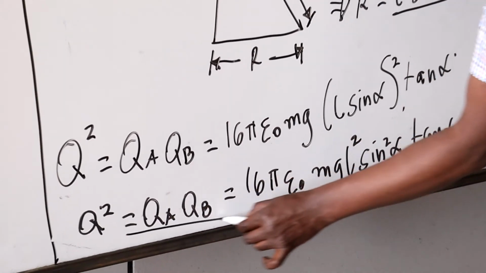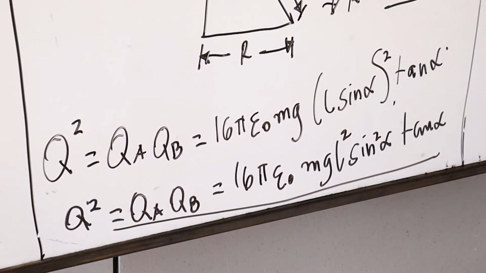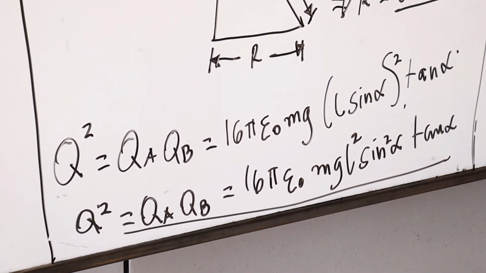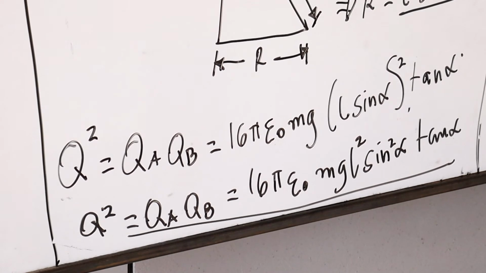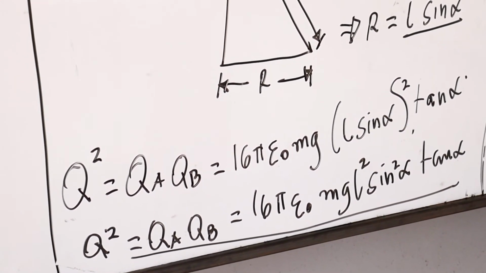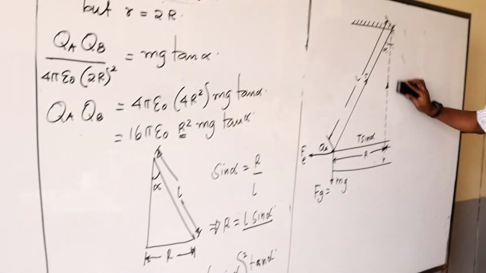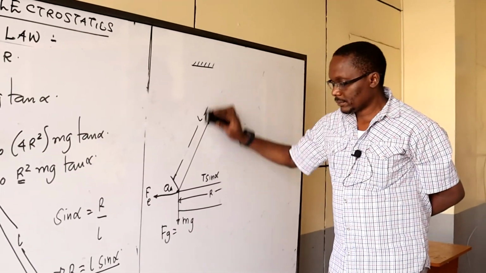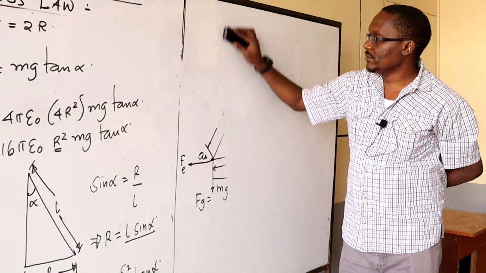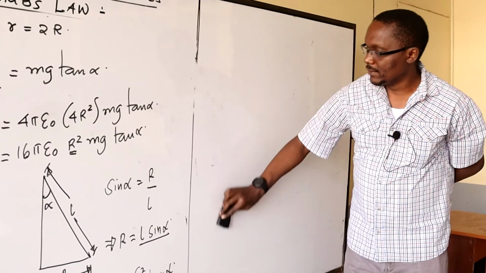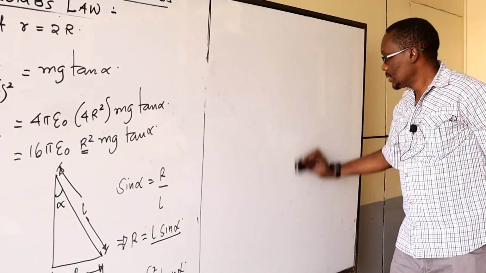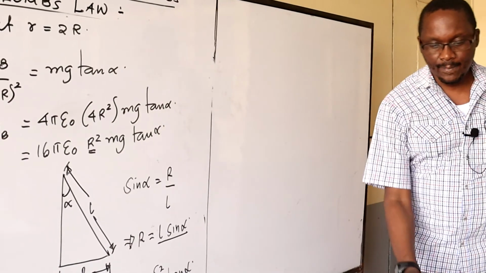And that is our solution that we are supposed to get in our Roman 1. Question, you are told to get an expression for alpha, assuming that the angle alpha is very small.